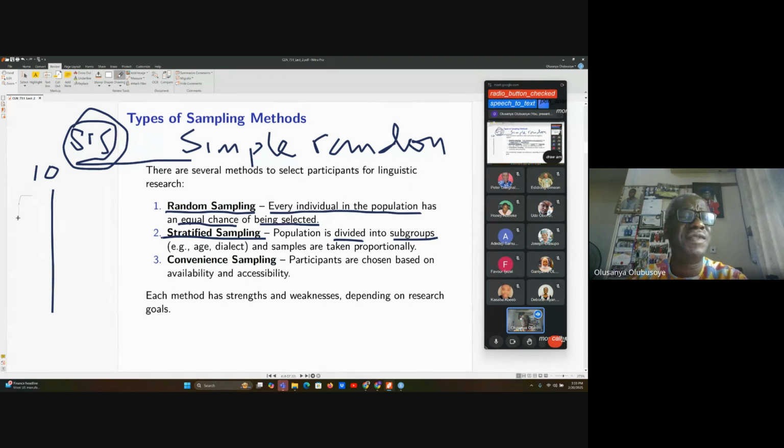We have the female group and the male group. Maybe we have 4 females and 6 males. Now, if you use random sampling, you may discover that you have selected more males.